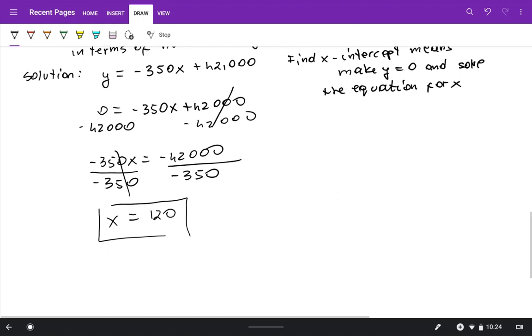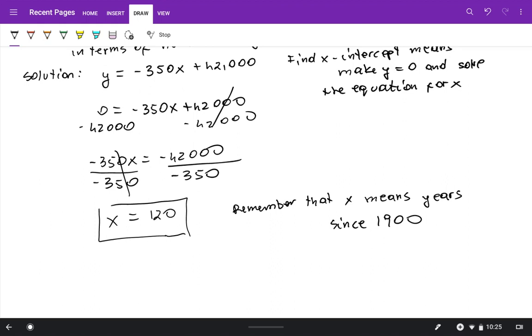Just remember that x means years since 1900.